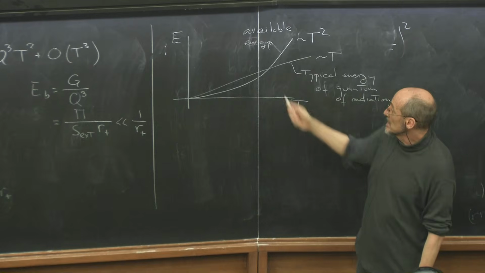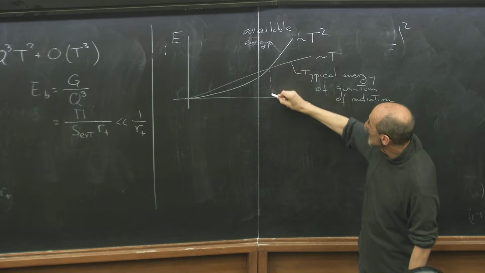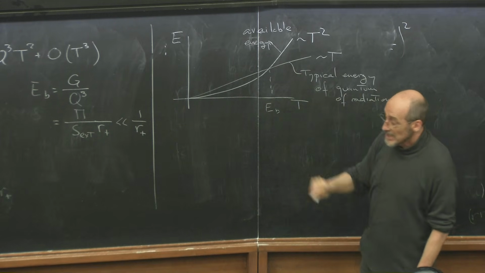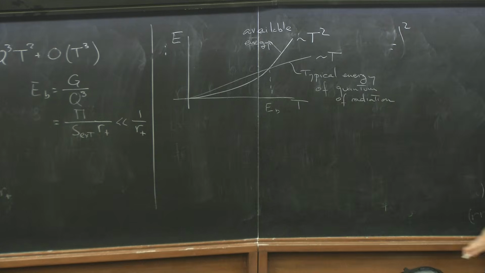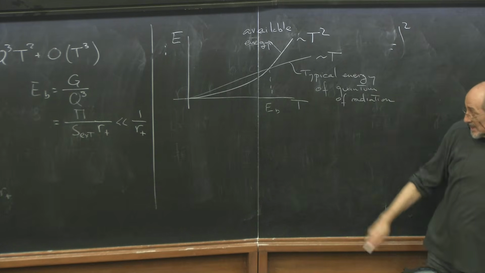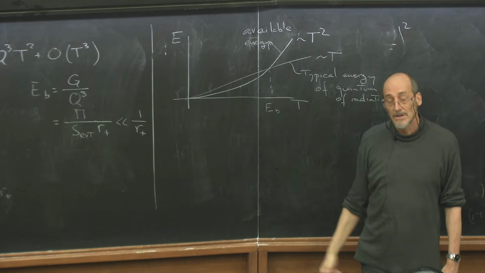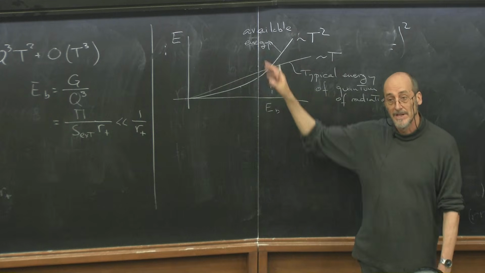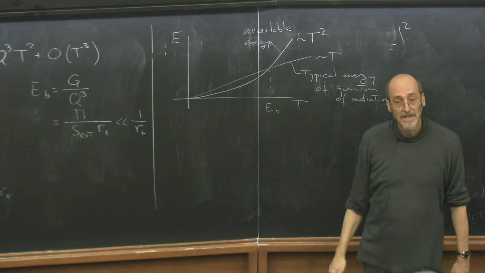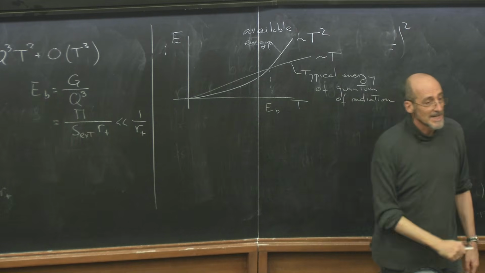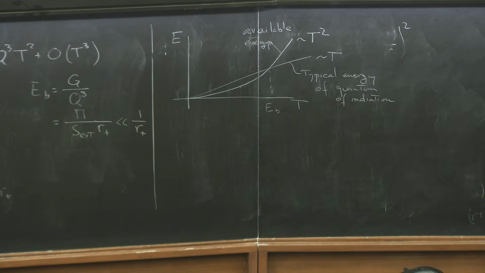But once you get to this scale, of the order of this energy, then you're in trouble, because here you don't have enough energy to emit a single typical quantum of temperature T. So Hawking's calculation can't be right here. You don't have enough energy to radiate with a thermal spectrum.